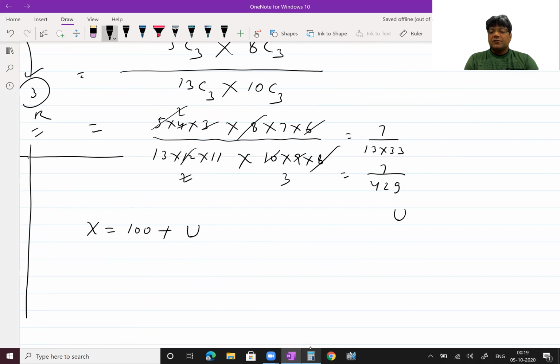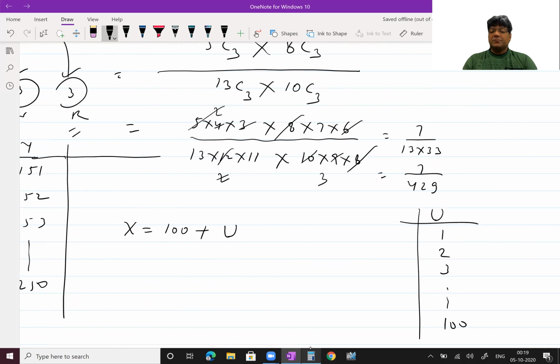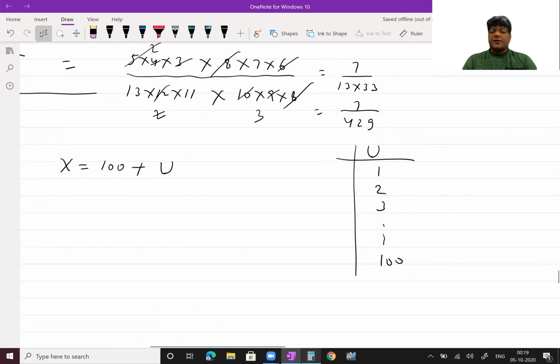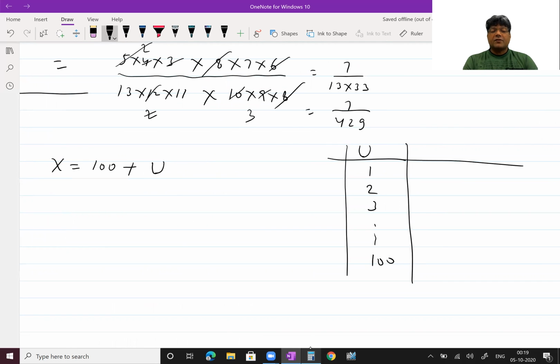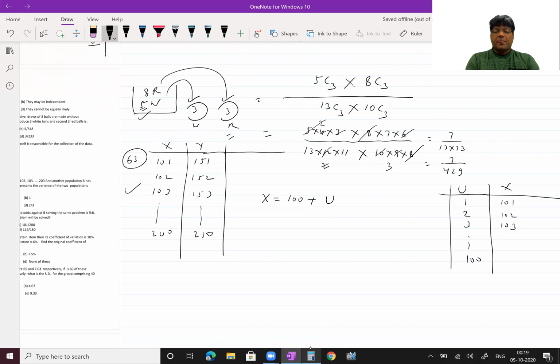U is equal to 1, 2, 3, and so on till 100. This is my U value. So X is equal to 100 plus U. Check whether it's coming correctly or not. Put the first value of U, 101, then put 2, 102, then put 3, 103. See, the same set X is coming. Correct? Now, your Y value, I can write 150 plus U. Check.